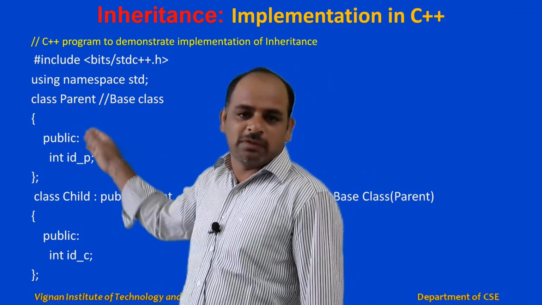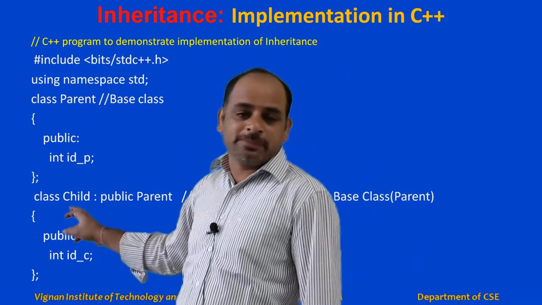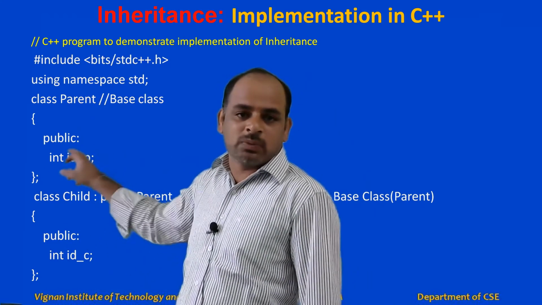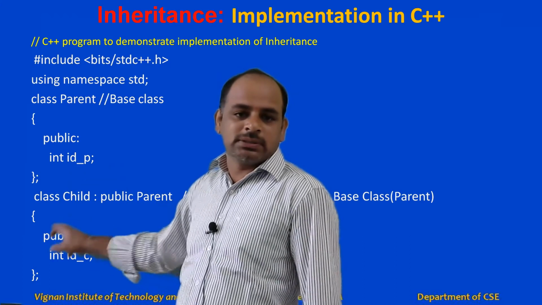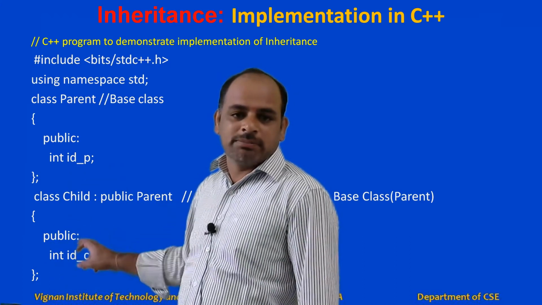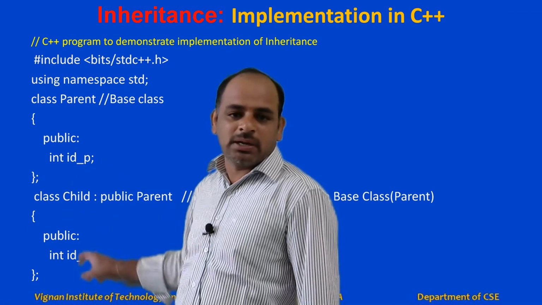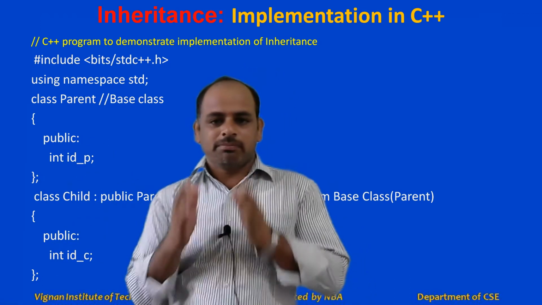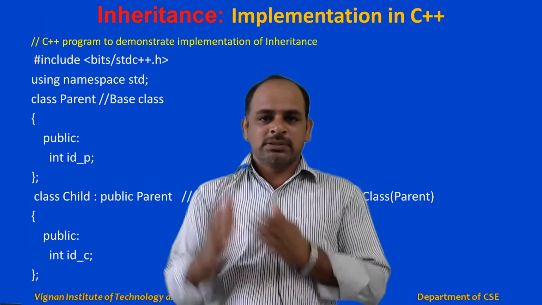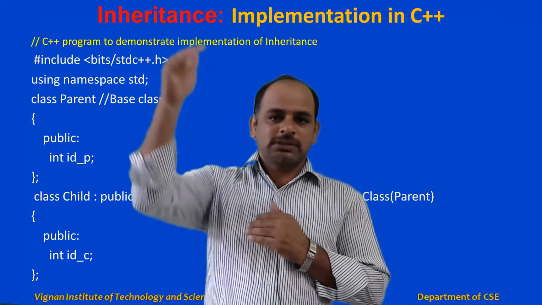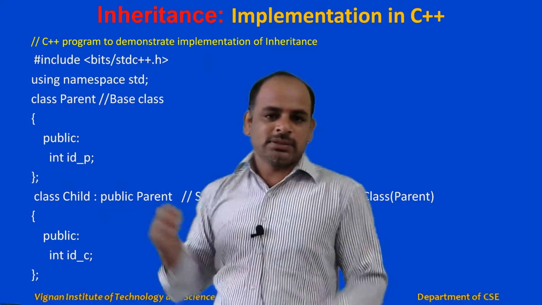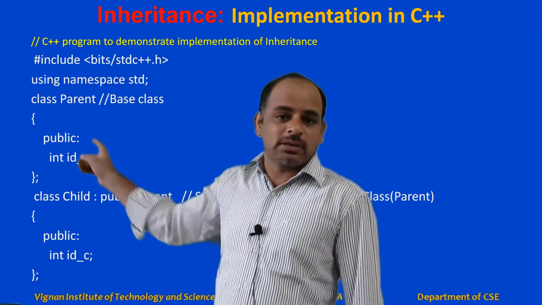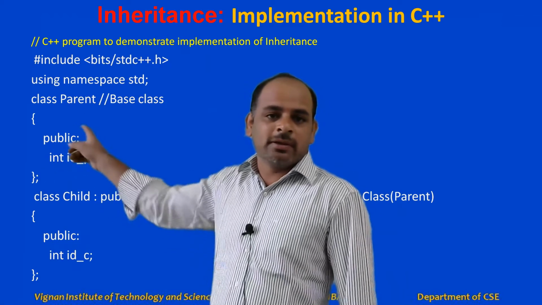So after deriving this child class, the parent data member is only IDP, but the child data members become IDP and IDC, because the major concept of inheritance is inheriting the properties of the parent class into a derived class. The child class inherits the properties or data members which are declared in the parent class.